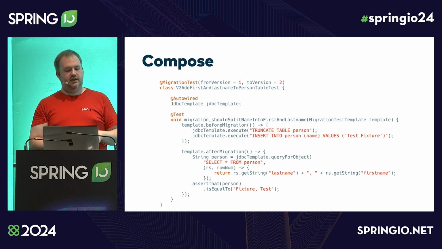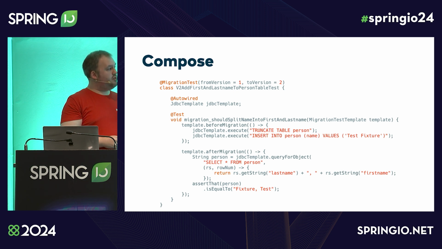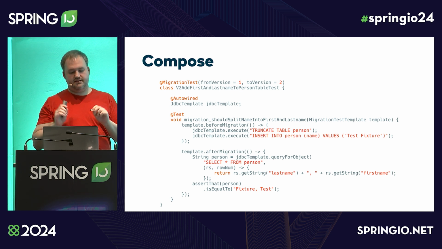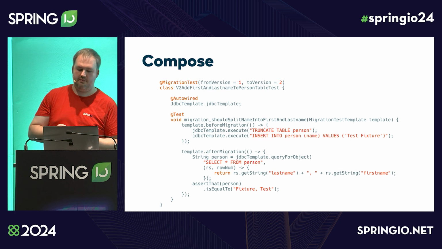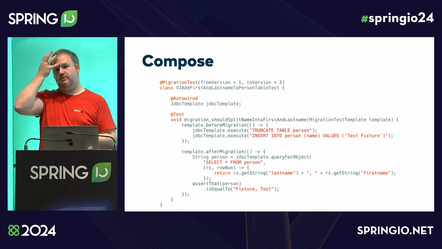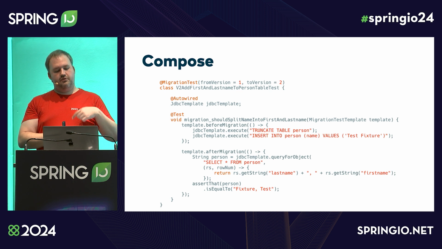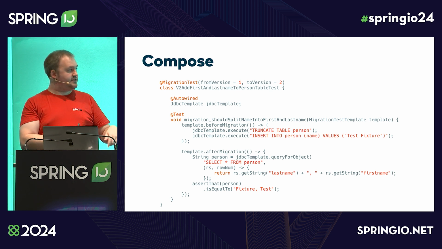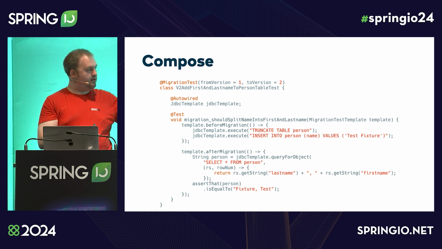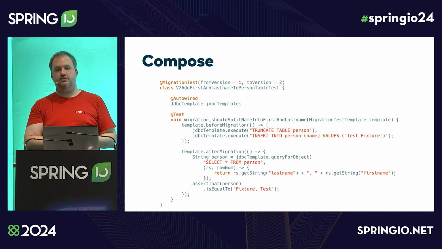And then we are using a JDBC template. And what this compose extension adds is that migration test template, which we can get as an argument. And then I can specify before the migration to 2, please truncate my table, and we insert a single record as a test entity.